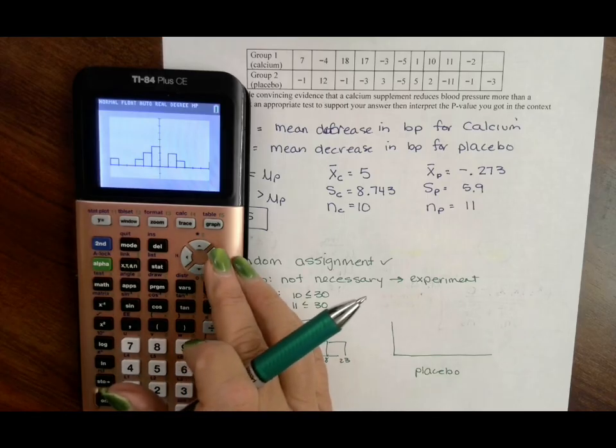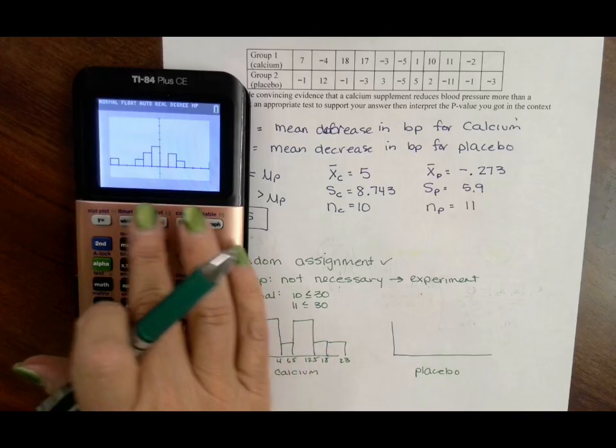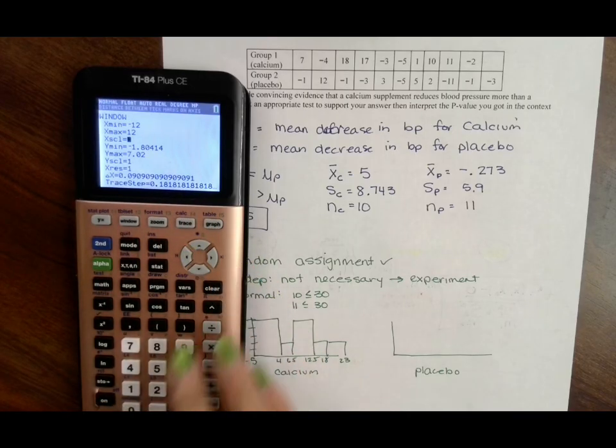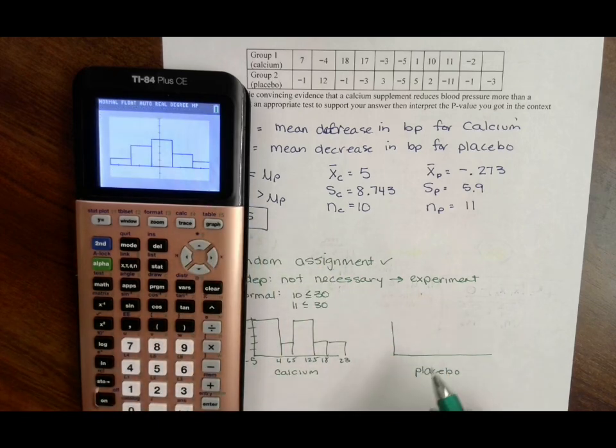That doesn't look any better. Let me change this and make my scale this time 5. Okay, there we go. I'm going to use this one. If I hit trace, I have this first value, which is -12 to -7, and this is 1.